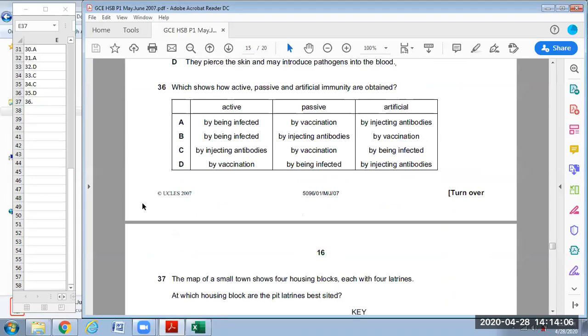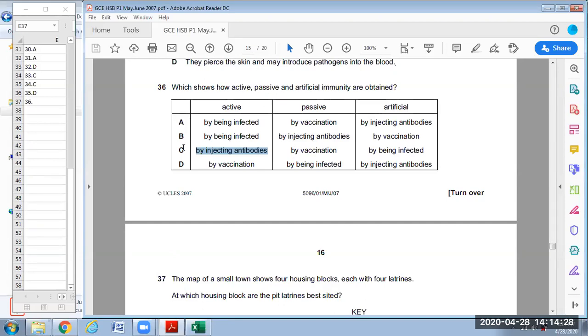36. Which shows how active, passive, and artificial immunity are obtained? Active by injecting antibodies, yeah. Passive is not vaccination. So let's see.